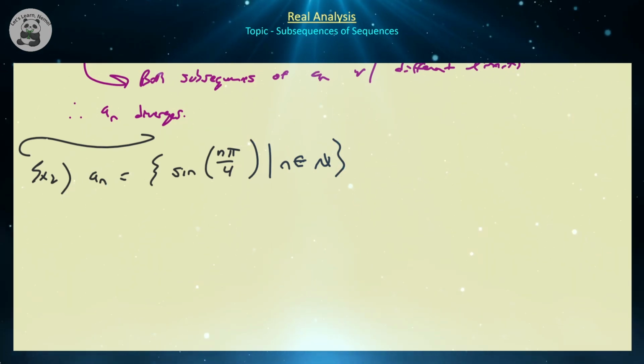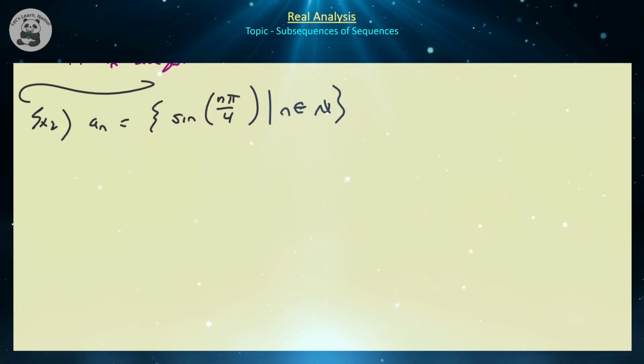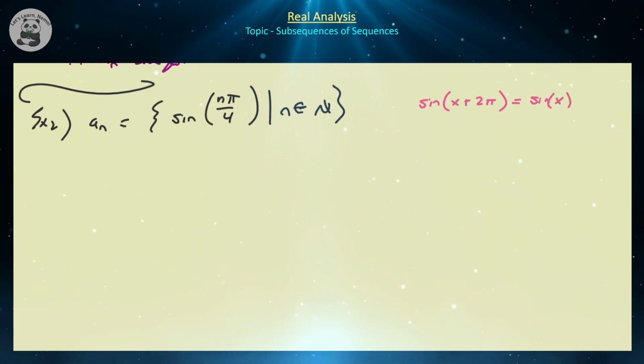If you know your values of sine, especially on your unit circle, then building subsequences of this is very easy, because we know that sine of x plus 2 pi will be equal to sine of x for all x in the set of reals, because this is a periodic function where the period is 2 pi.